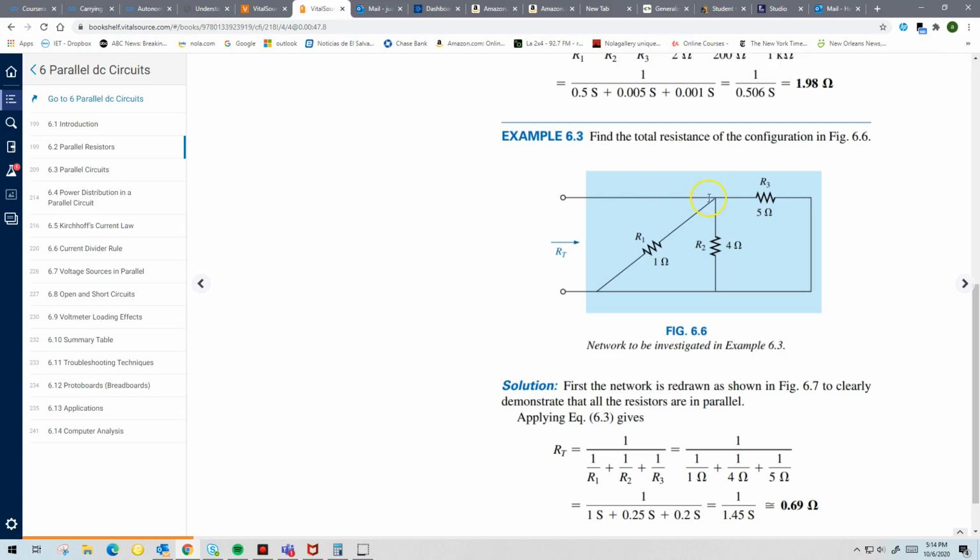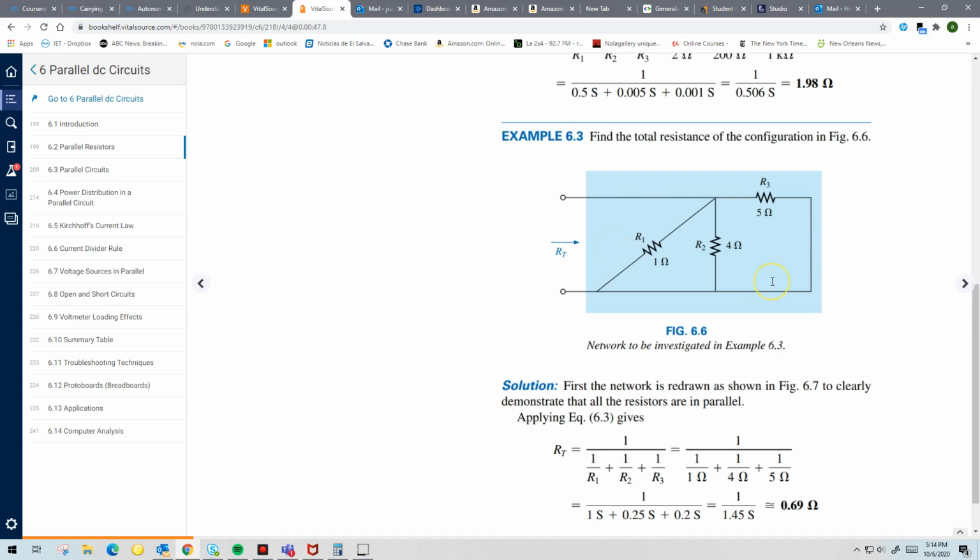In other words, this point here at the top connects R1, R2, and R3, and this point at the bottom also connects the 3 of them. It's the same point, the same line. It's the same node connecting the 3 resistances. It's easier in many cases to start figuring that out if you start from the right of the circuit.